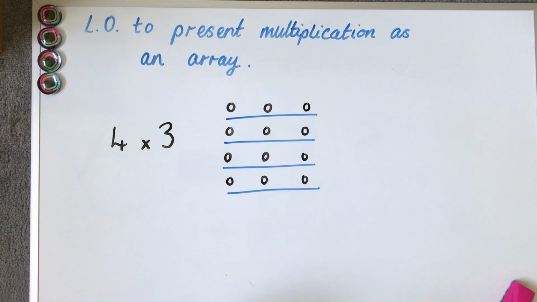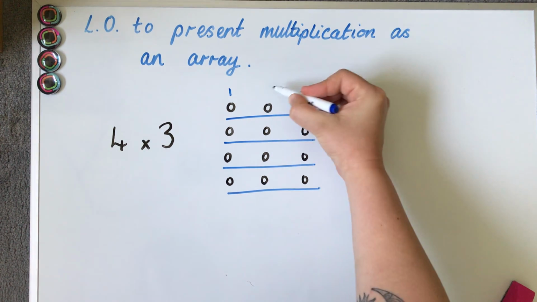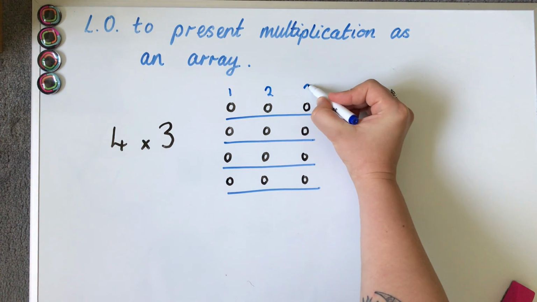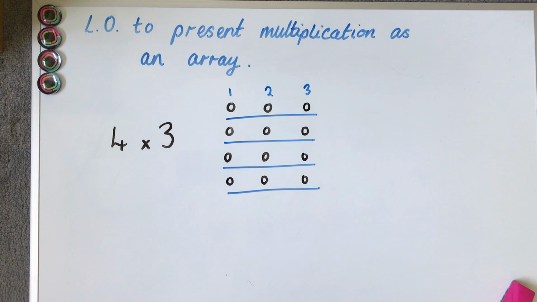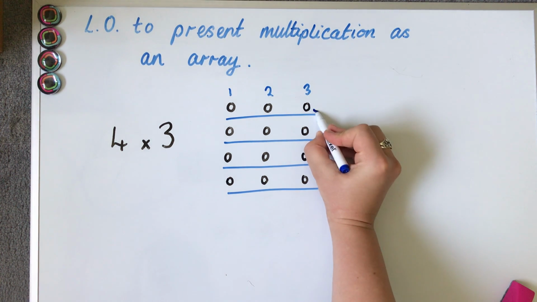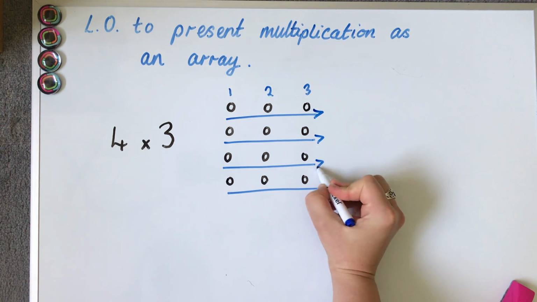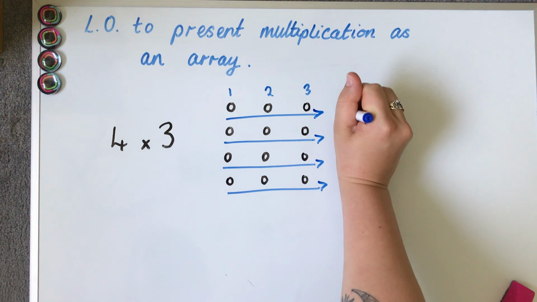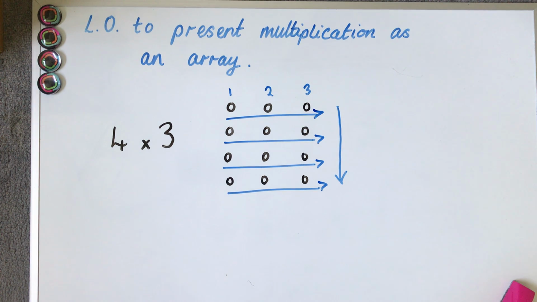And my number 3 tells me how many dots I need in that row, so we've got 1, 2, 3. That also tells me how many columns I'm going to have. Now remember, rows go across and columns come down.